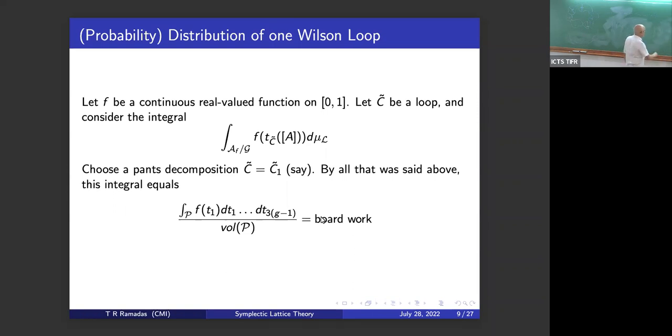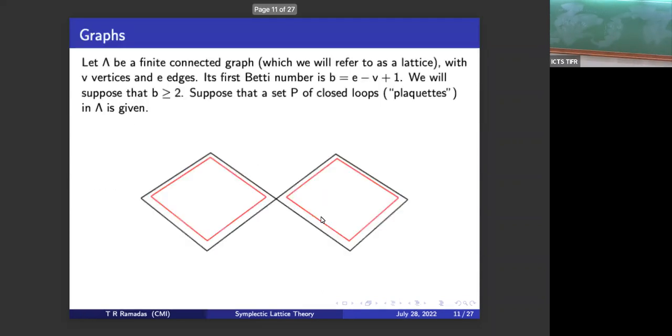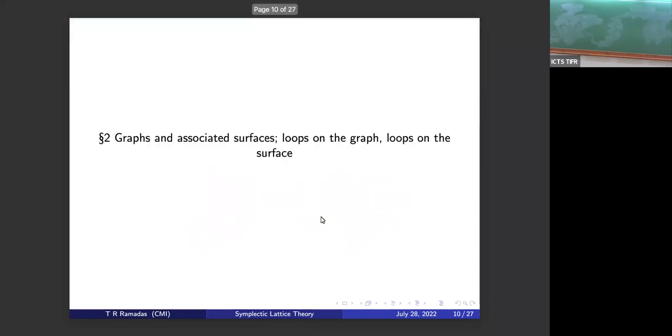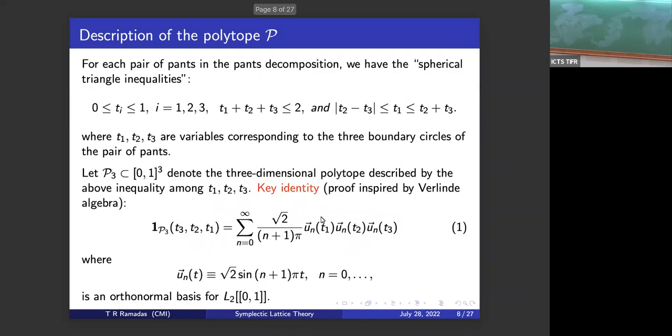Okay, and then this integral over the polytope, you can put in this identity everywhere. So note that this will involve an introduction of an integer n for every one of these vertices, because for every one of those vertices, there is a constraint.